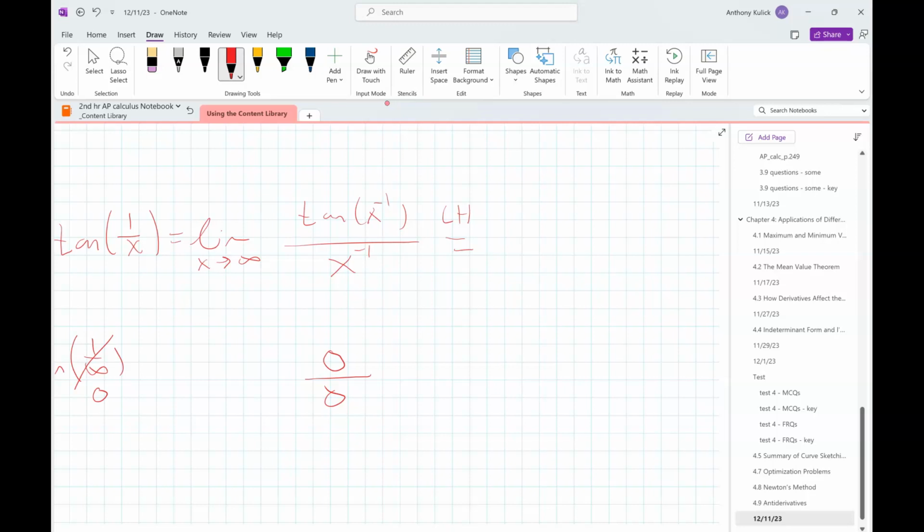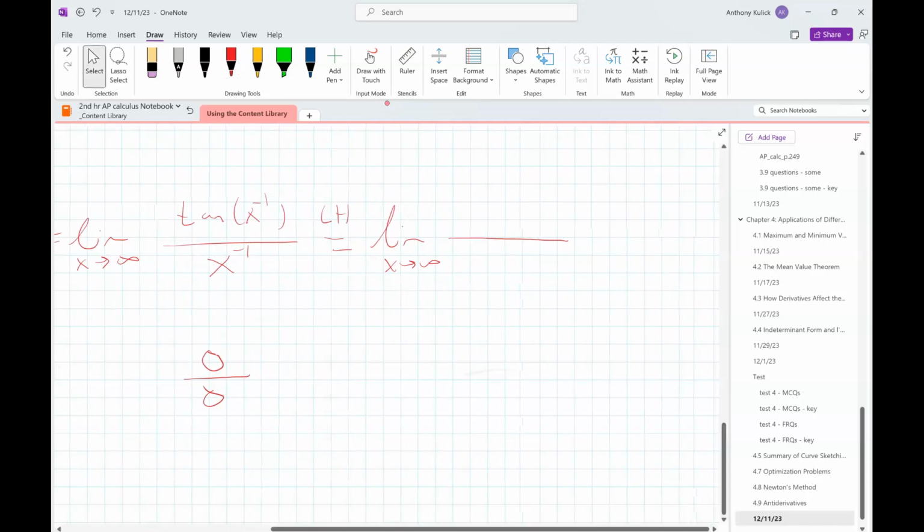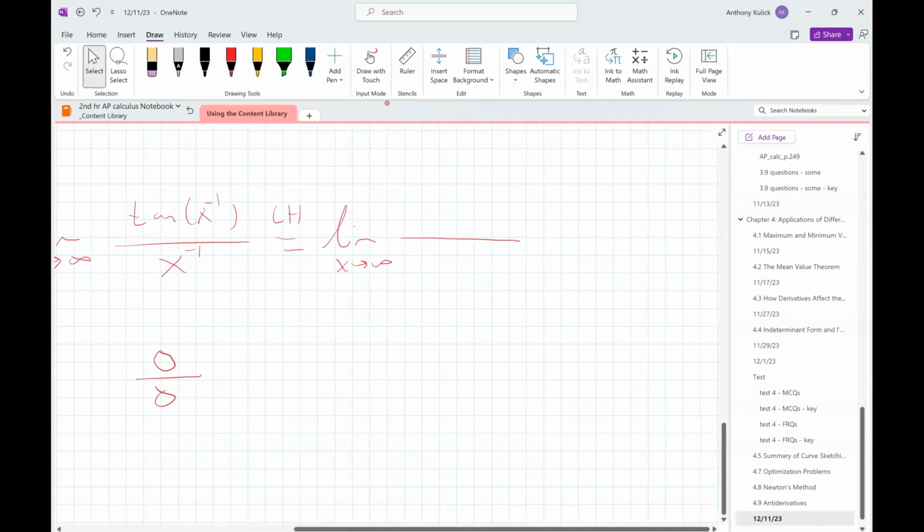Okay, so we'll do our L'Hopital. When we do L'Hopital, we do the derivative of the top and then the derivative of the bottom. It's not a quotient rule. Saw some people doing a quotient rule here. What's the derivative of inverse tangent? That's not correct. That's tangent.